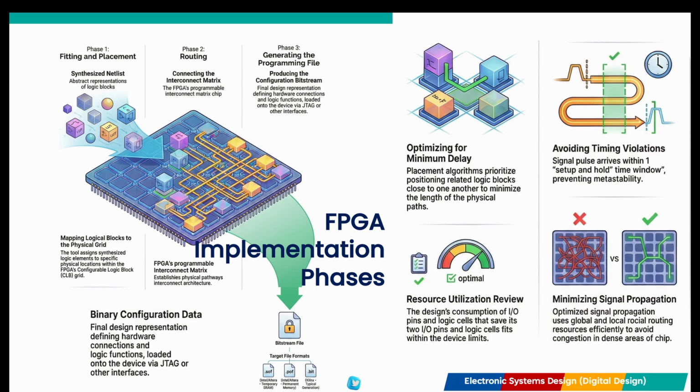Because in real-world engineering, a design that works in simulation but fails timing in hardware is not considered a valid design. So, understanding FPGA implementation phases will help you interpret Quartus reports, debug real hardware issues, improve your design performance, and ultimately become a complete digital system designer.